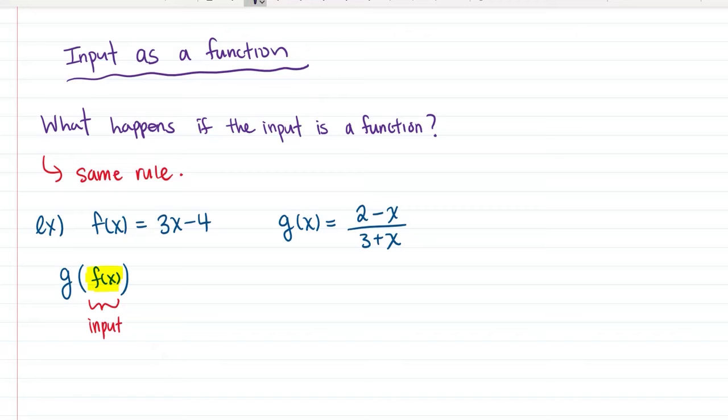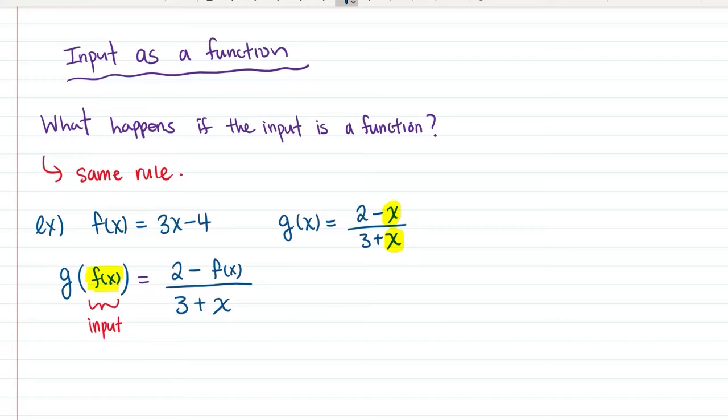So g of x is this. So we're going to replace all the x in the g of x with the f of x. So if we rewrite that, that will be 2 minus f of x over 3 plus x.